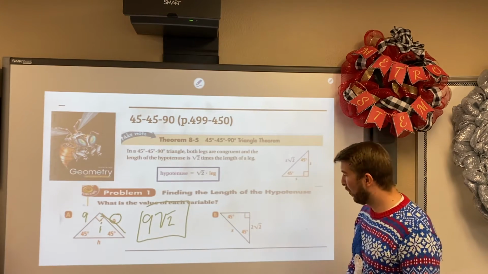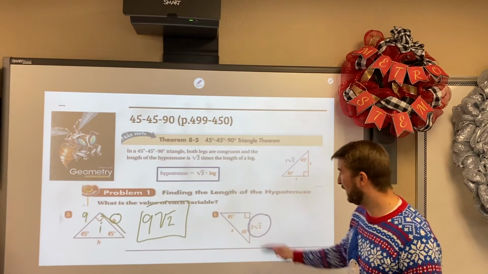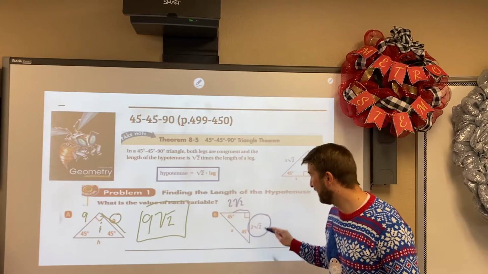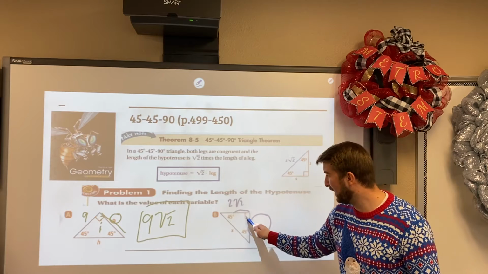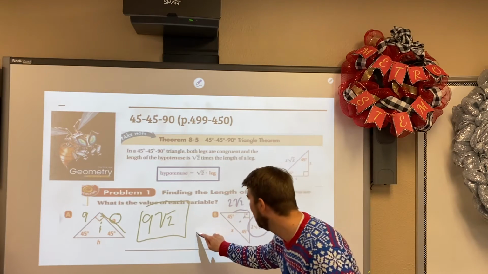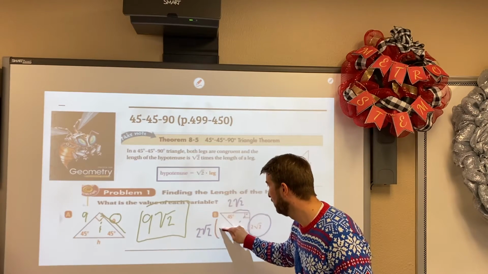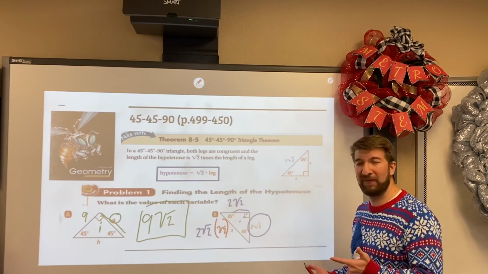Now, same thing on this one, except they trick us up a little bit. So I can know that this adjacent side is going to be the same as this one, but x, which is the hypotenuse, is going to be 2 radical 2 times radical 2. So then you say, okay, what do I do? Well, you need to simplify.